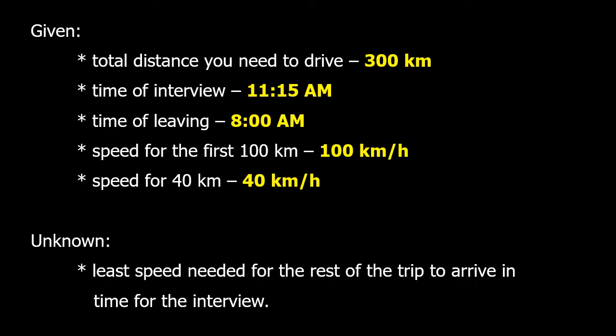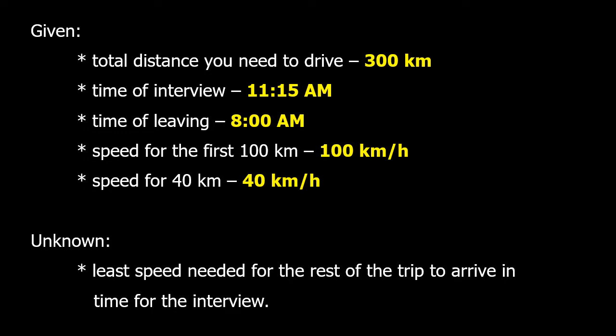Our given here is the total distance you need to drive from your home to the interview venue, which is 300 kilometers. The time of the interview is at 11:15 and you leave at 8 o'clock a.m. The speed for the first 100 kilometers is 100 kilometers per hour.